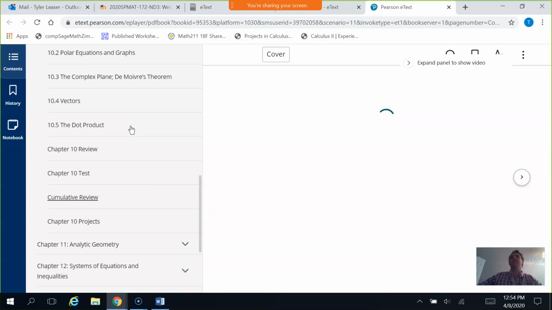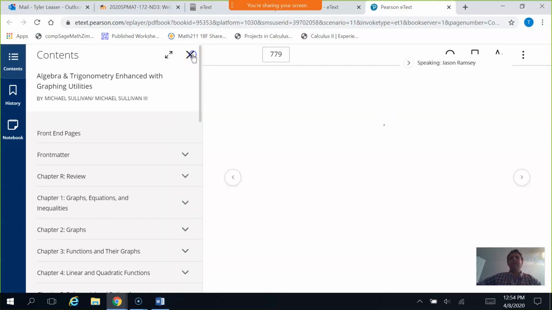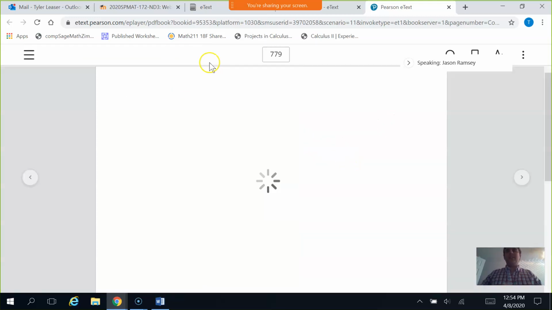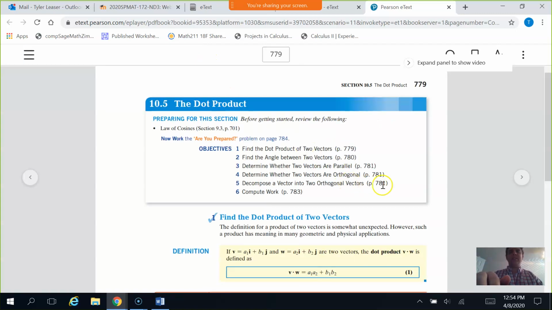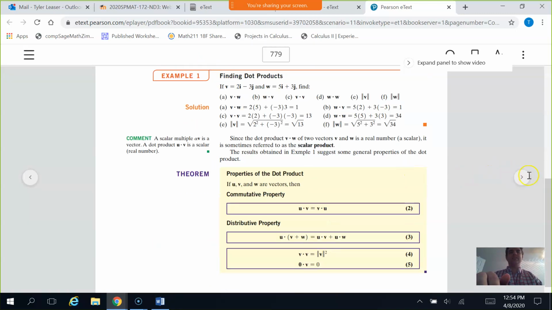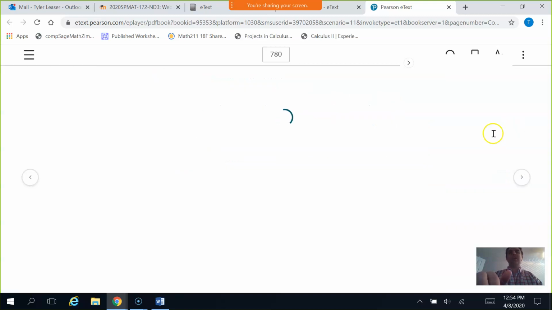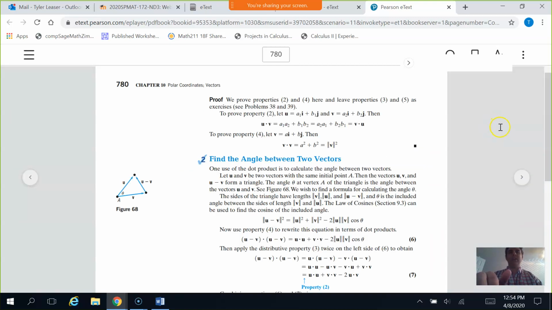No, not that either. Vector projection of U on V or V on W. Yes, that's what we're trying to do. Vector projection. That was the name I was trying to think of. So the vector projection, that's that shadow thing I was trying to say. You want to think of it like you're casting a shadow of one vector onto another.